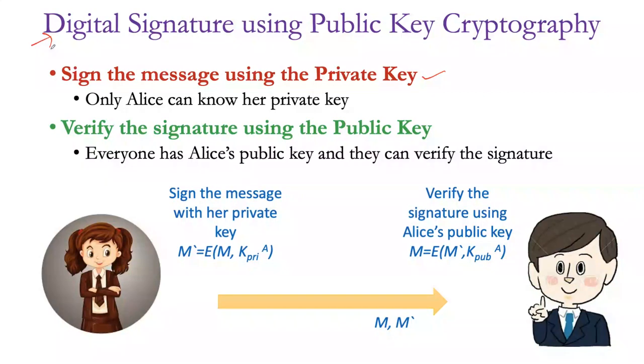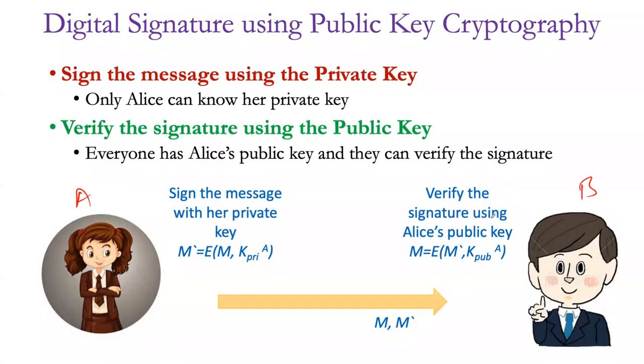Encryption with the public key can be used for encryption purposes, but if any message is encrypted with the private key, that will give you the digital signature. Suppose Alice and Bob exchange information.